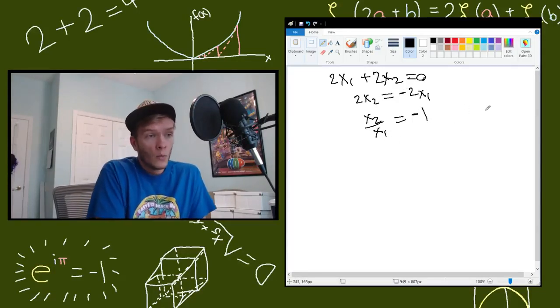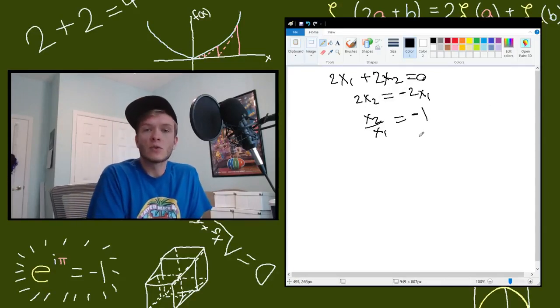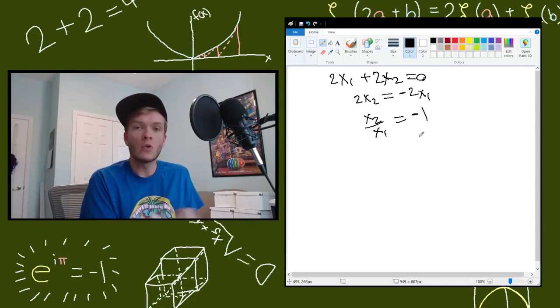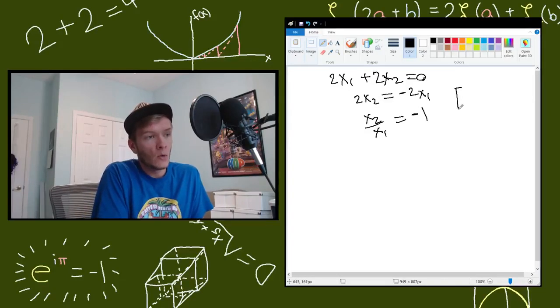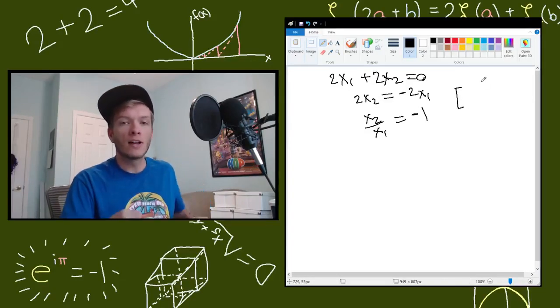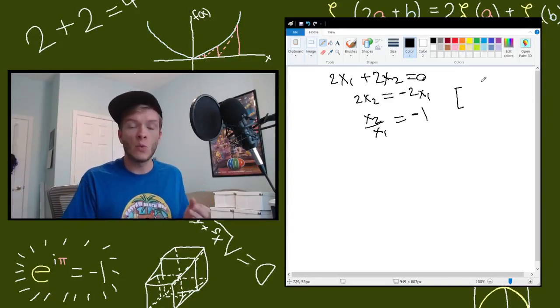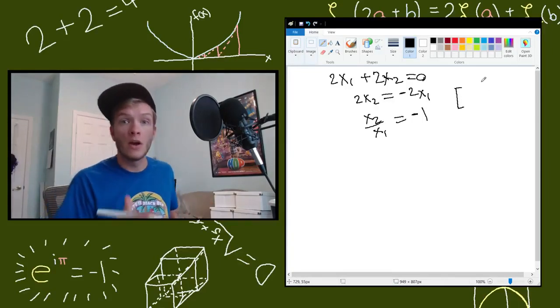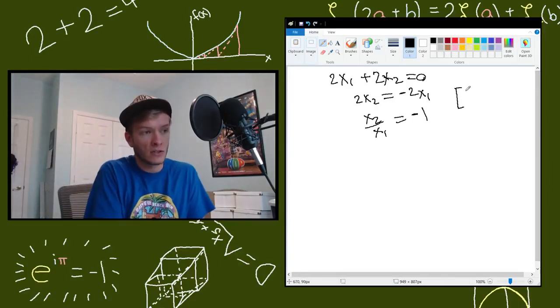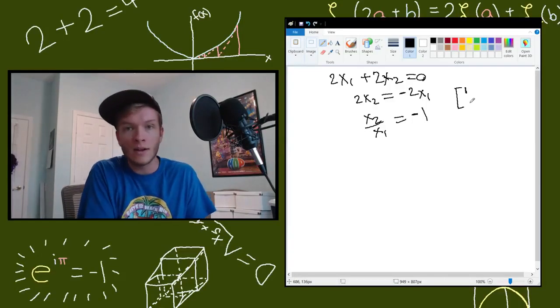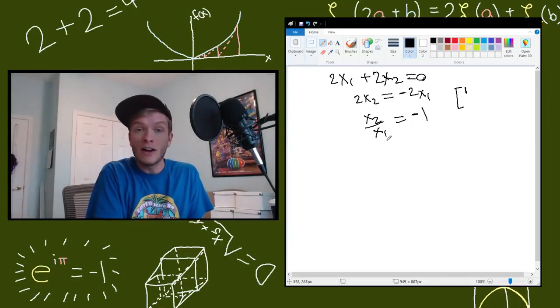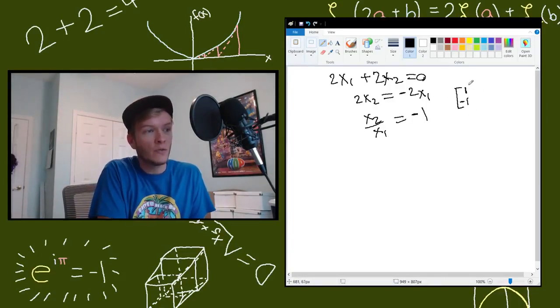So as I mentioned, this gives us what the slope of that equation is. But what we can do is we can just choose an answer for x1 and see what the value of x2 would be in that circumstance. So if our value of x1 is 1, then our value for x2 is actually going to be negative 1.